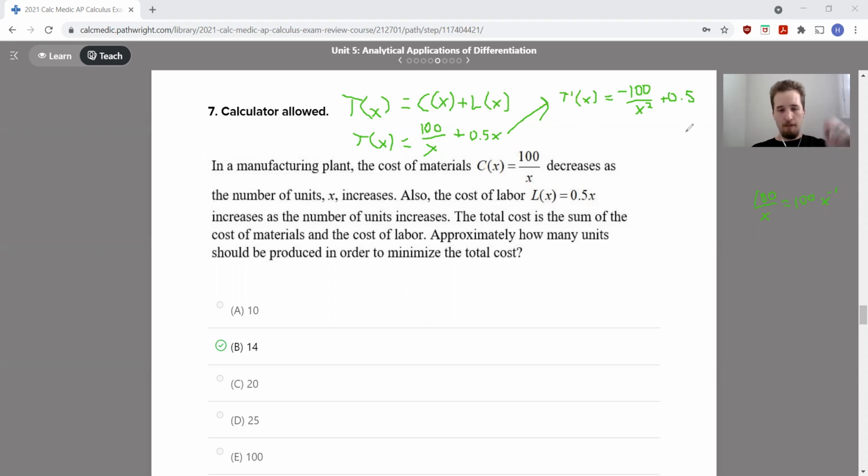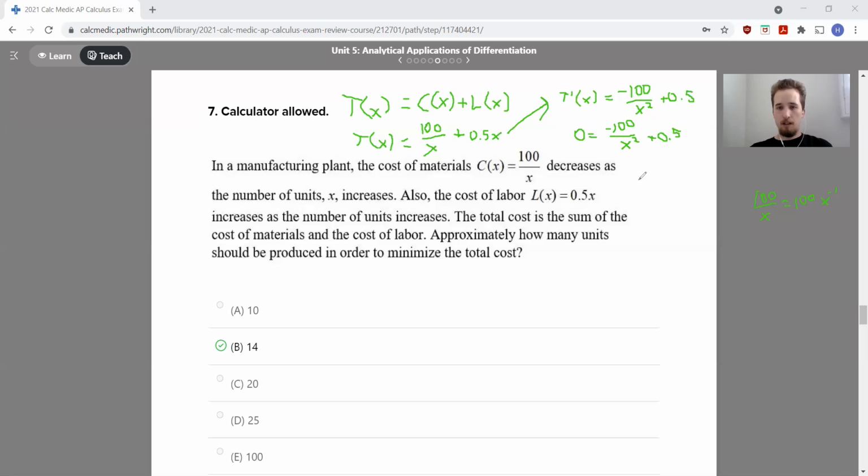Okay, well, to find a minimum, we need to find critical points, right? So we want to find out where this is 0. So we set this equal to 0: negative 100 over x squared plus 0.5.